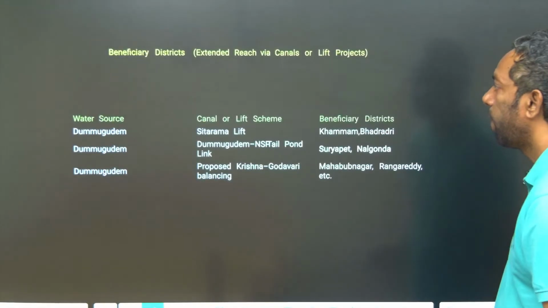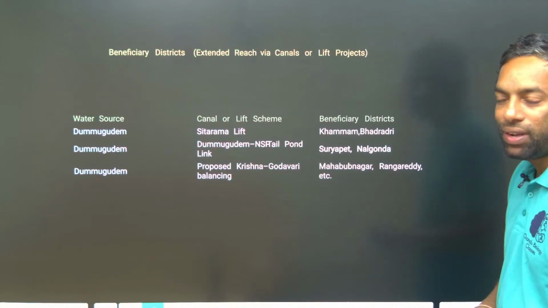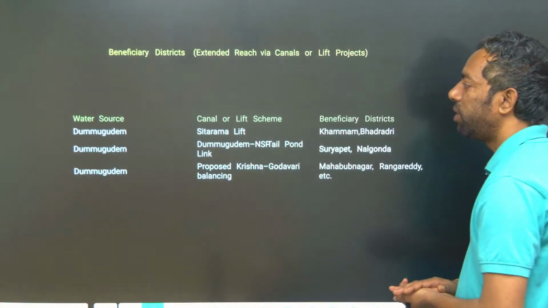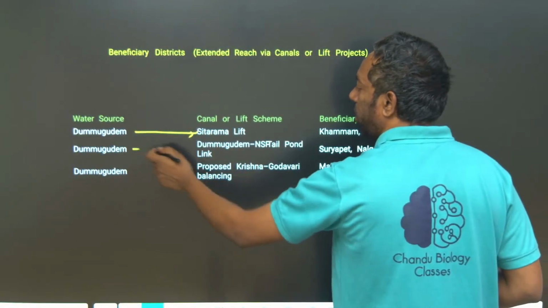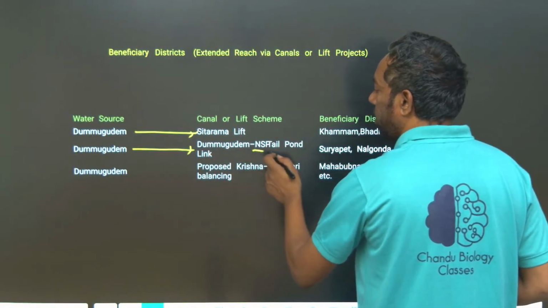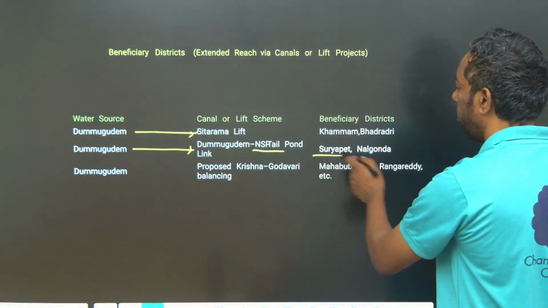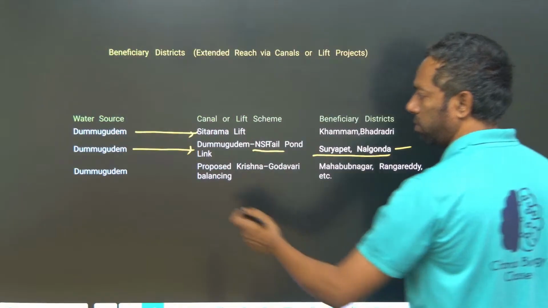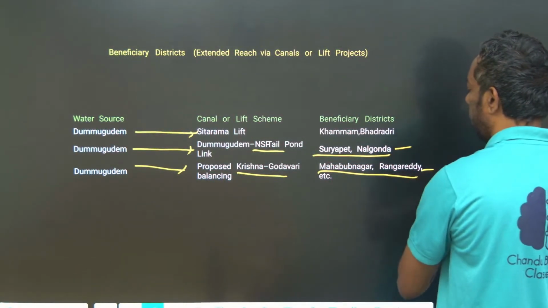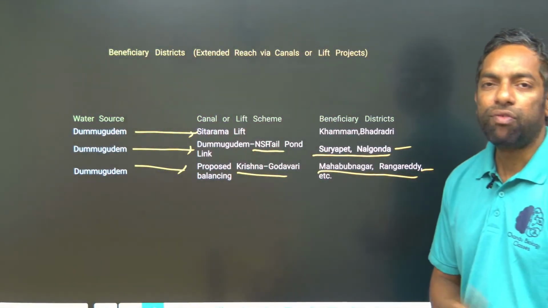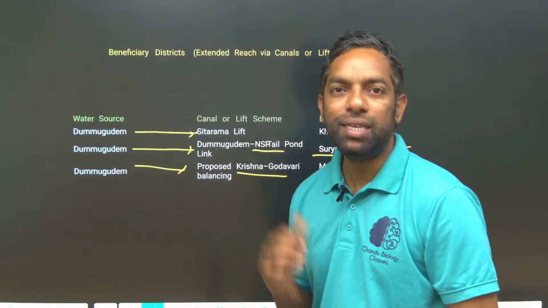The Dummagudem lift extends to the Sriram Sagar project, Suryapet and Nalgonda. It is also proposed for the Krishna-Godavari, Mahbubnagar and Rangareddy districts, where lift irrigation will take place for their benefit.